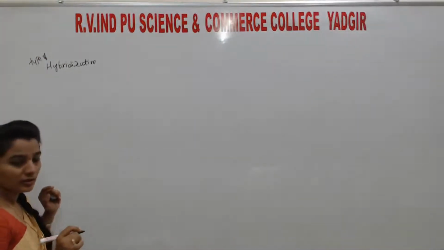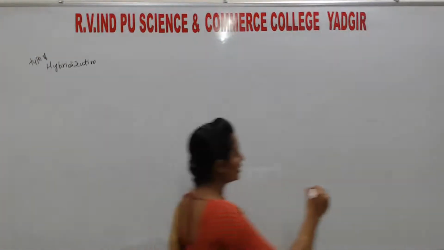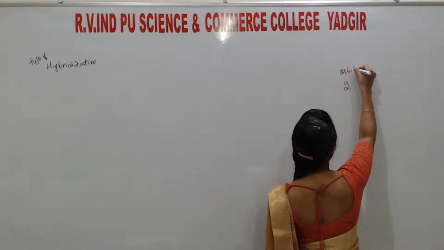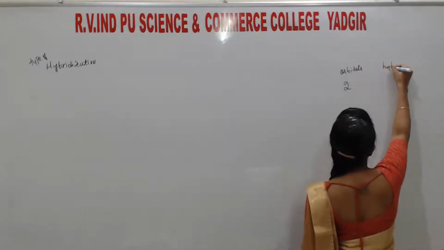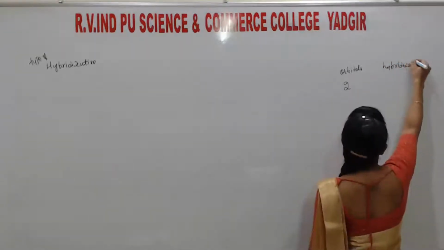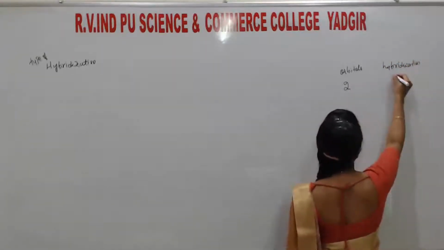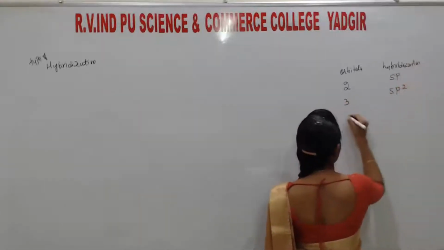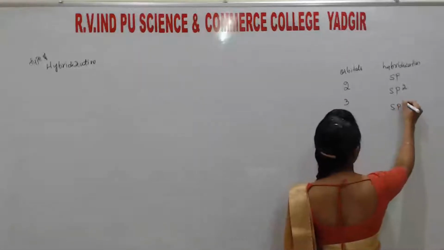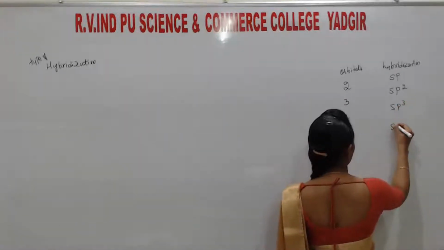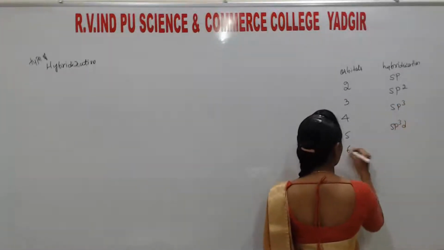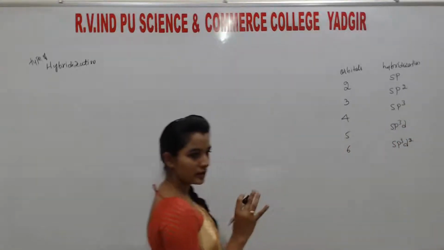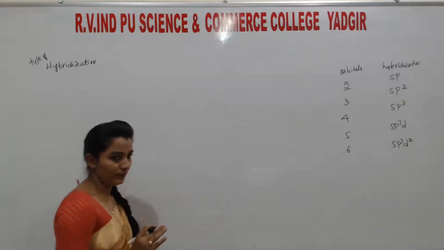Initially I write here: if two orbitals, sp hybridization; 3, sp2; 4, sp3; 5, sp3d; 6, sp3d2. Remember, this is the simple one.